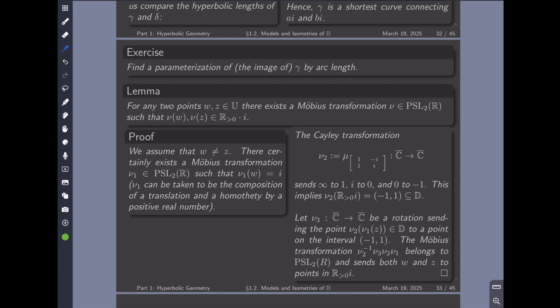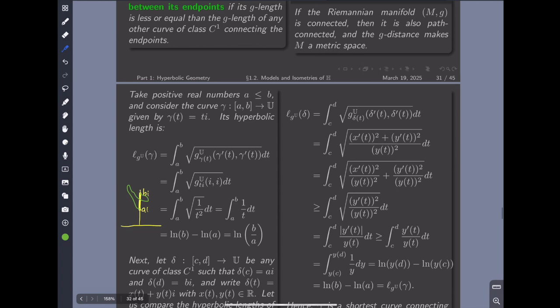Now, I want to use this fact to find all possible shortest curves, and I'm going to use the fact that the Mobius transformations in PSL2R are Riemannian isometries, so they preserve the inner product at each tangent plane, and hence they preserve the corresponding integral that one has to take.